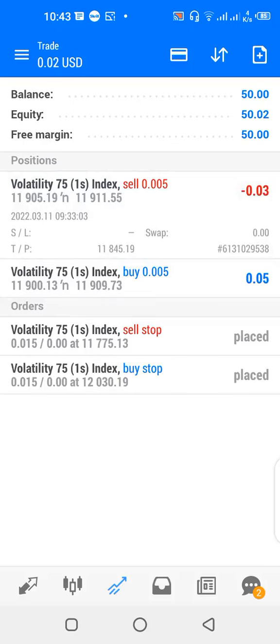Now when the range continues, for the Grail Hedge strategy, the first edge trade, which will be a pending order, the lot size will be 0.015. If the range continues, the second pending order, which is the second edge trade, will be 0.04. If the range continues, the third and the final edge trade will be 0.12.